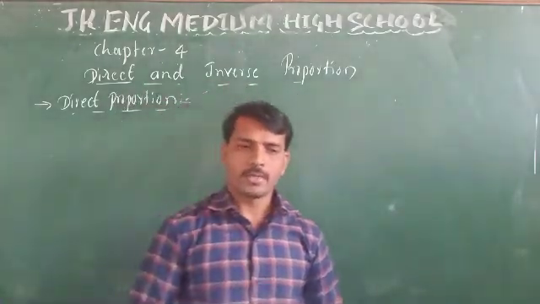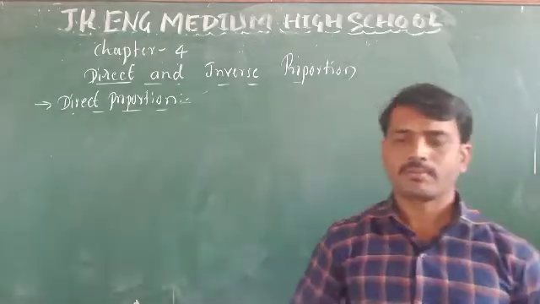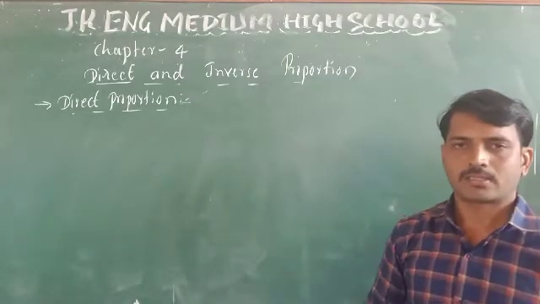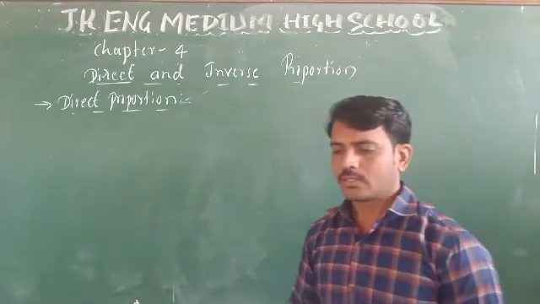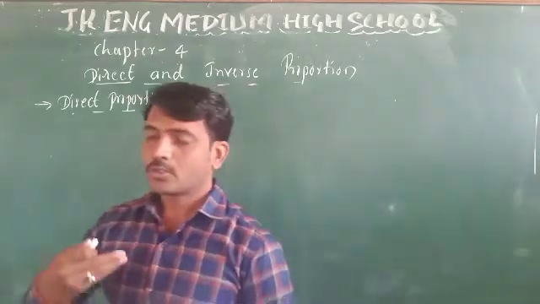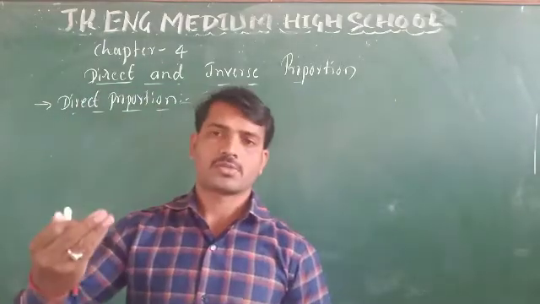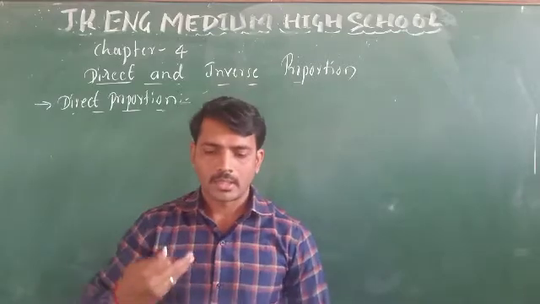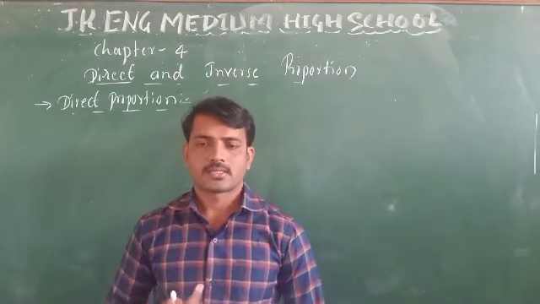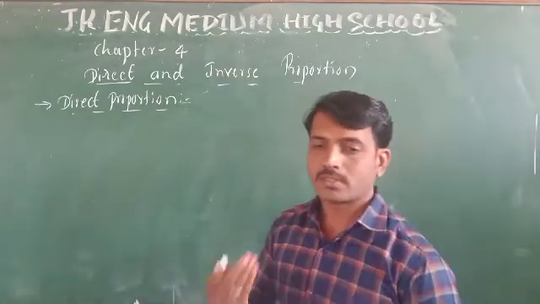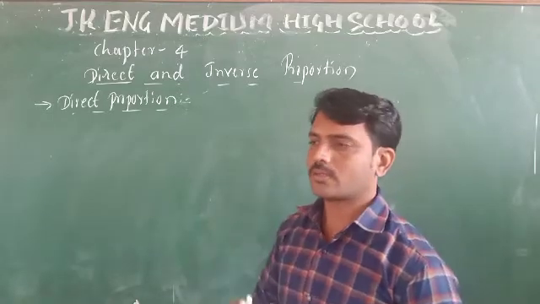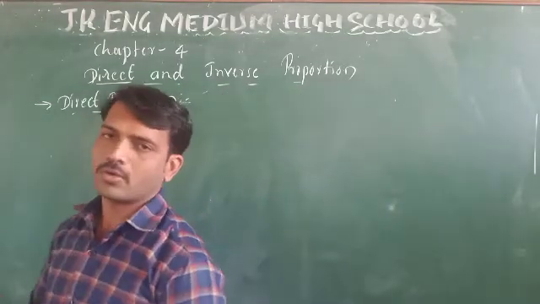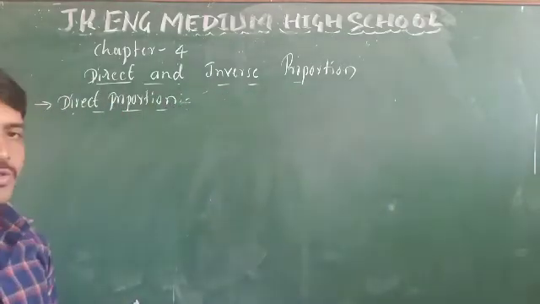If you reduce the flame, the temperature of the water will become less. Understanding? Okay. Otherwise, if we talk loudly, we get more sound. If we talk in a less voice, we will get less sound. This type of situations are called direct proportion.